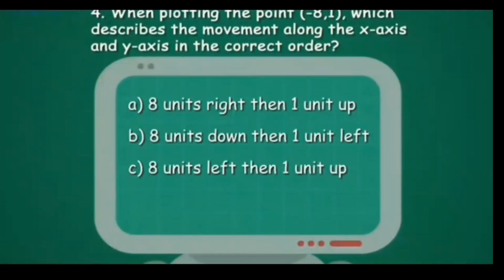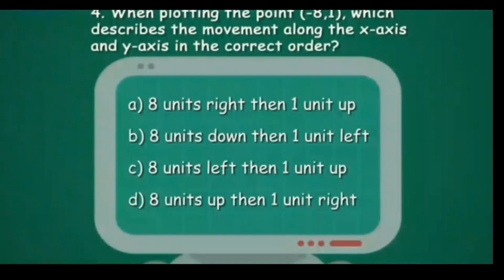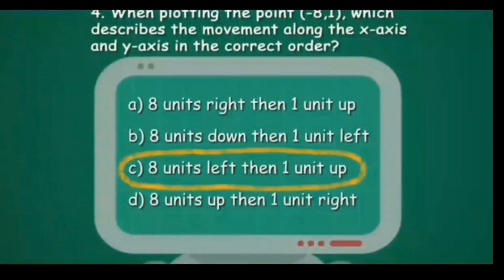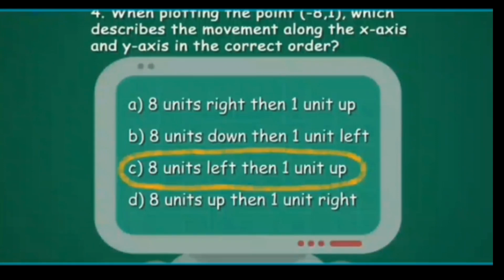C. 8 units left, then 1 unit up. And D. 8 units up, then 1 unit right. The answer is letter C, 8 units left, then 1 unit up. 8 units left because it is negative, and 1 unit up because it's positive.